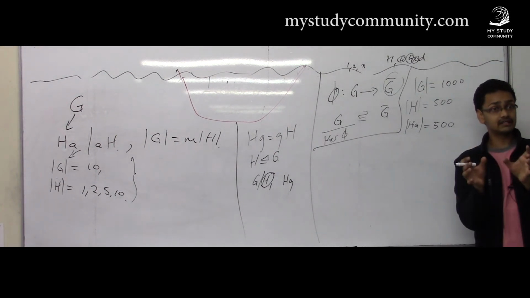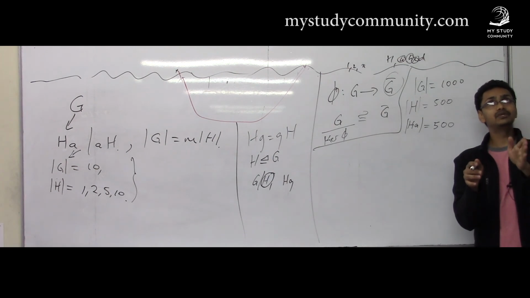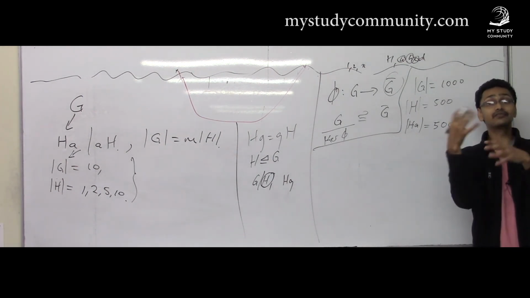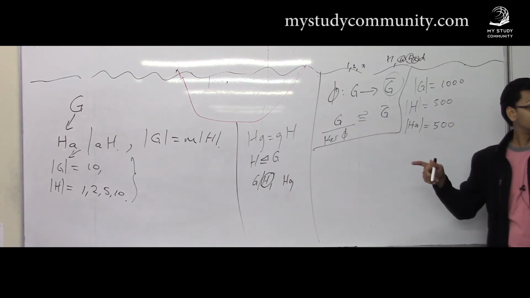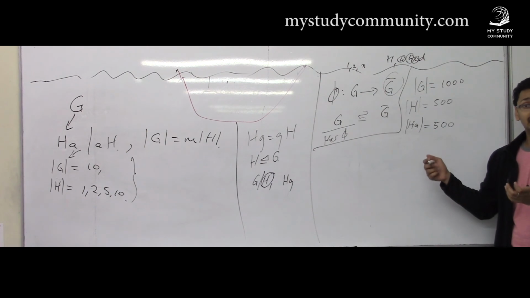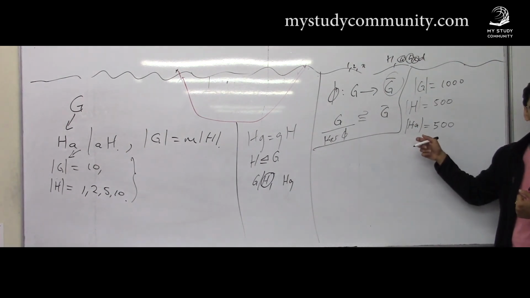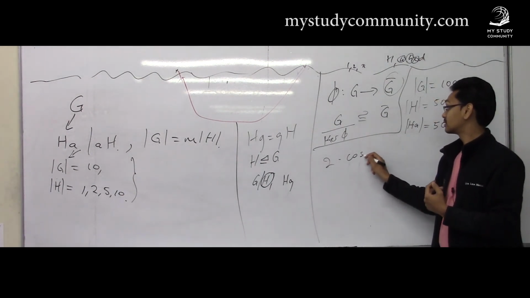For cosets partition the set. Which means that if there's a common element between two cosets, then both cosets are equal, or they're distinct. So if I know each coset has 500 elements, how many different cosets will there be? 2, yes? So which means I can get 2 cosets.